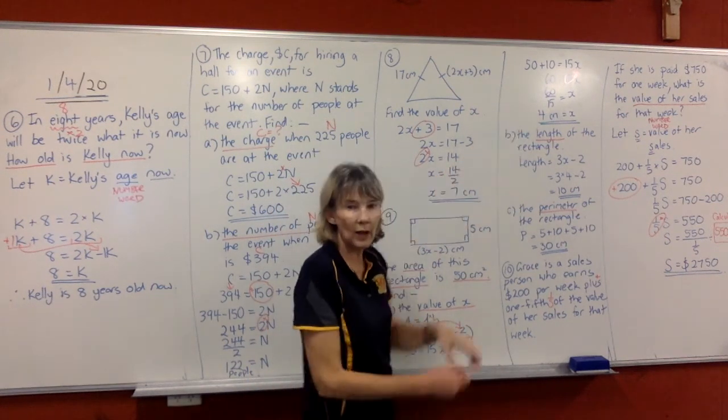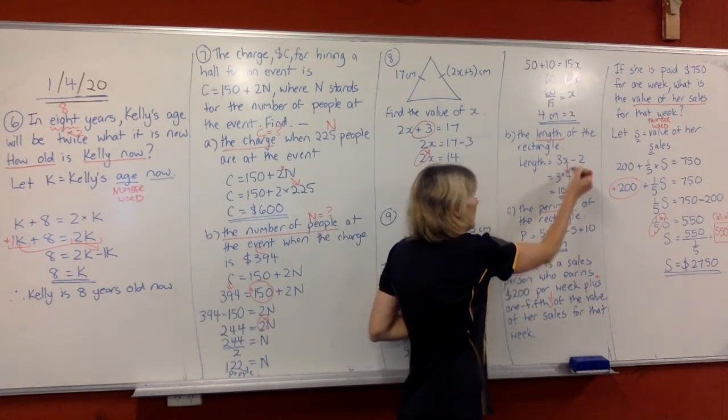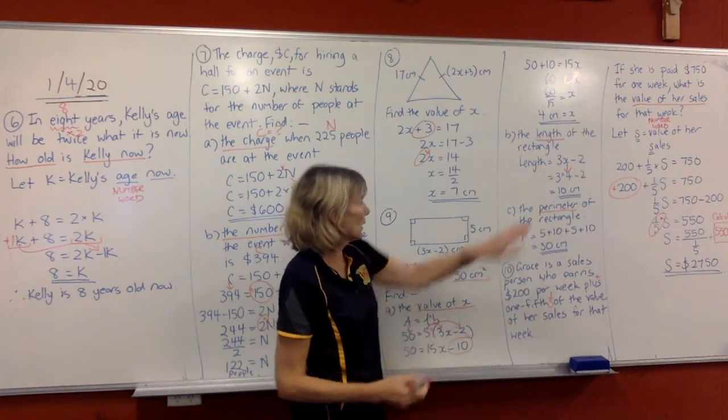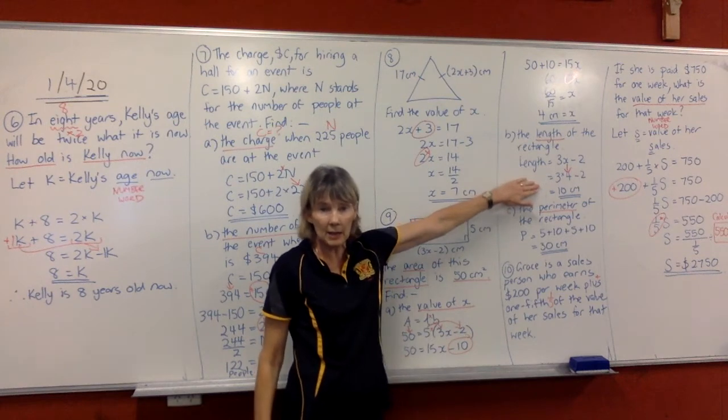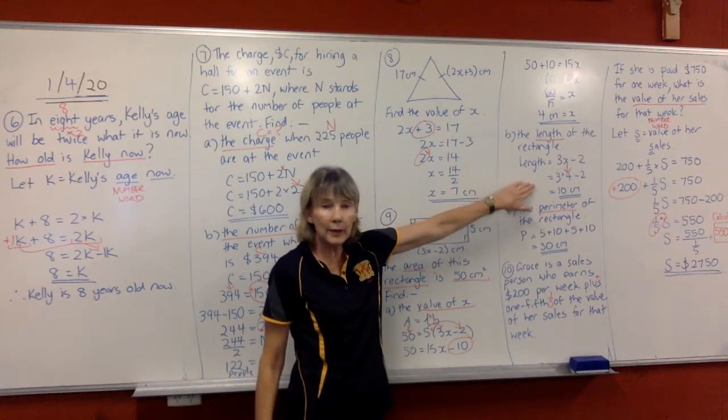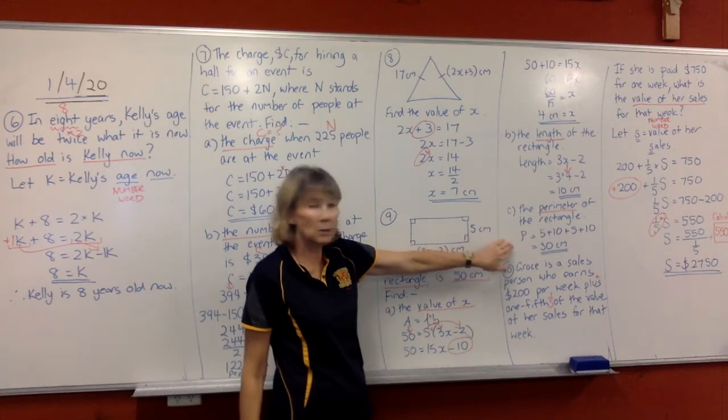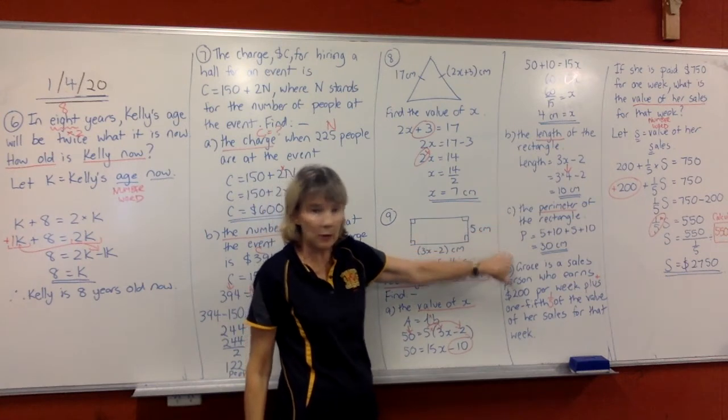We now have an x value of 4. So we're going to put that in and we're going to work that out on our calculator, and the length is 10 centimetres. Now once you get that, the next question says find the perimeter of the rectangle.